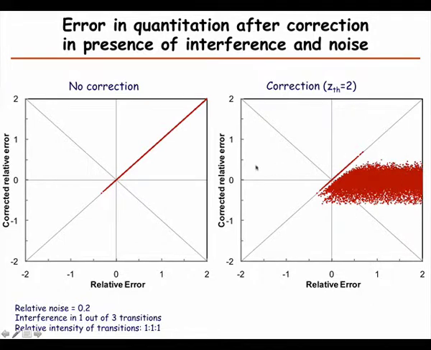We do correct all the ones that are up here before correction. They move down here, so we do reasonably well with correction. For these smaller ones, there's no correction for the ones that stay in, but they are relatively small anyway.